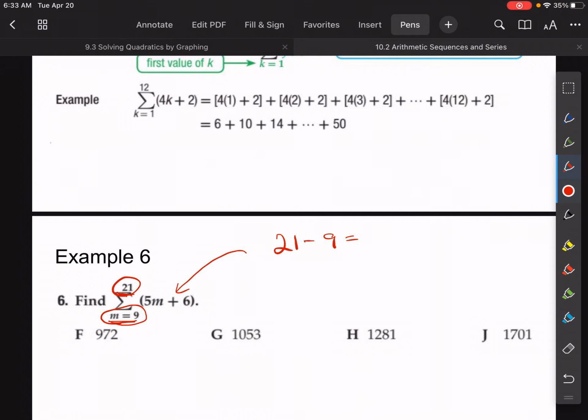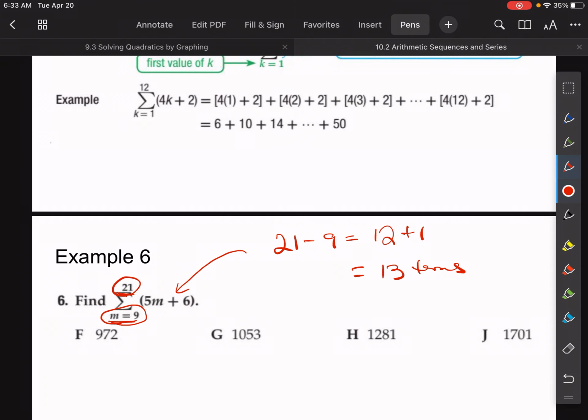If we do that here, we would end up with 12, but that's not the correct answer. If you include the 9 as your first term, then we have to add that first term in there. So it'll always be the difference of these two things plus 1. In this case, there are going to be 13 terms.